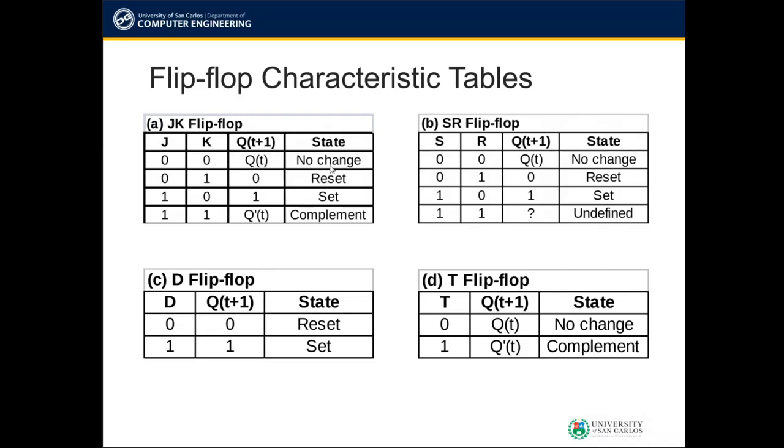So that state will be no change or hold. JK value 0, 1, the output of your Q next is 0, so the status is reset. 1, 0 is set. 1, 1 is Q bar(t), so it is a complement of your present Q. And for SR, you have no change, reset, set, and then undefined.